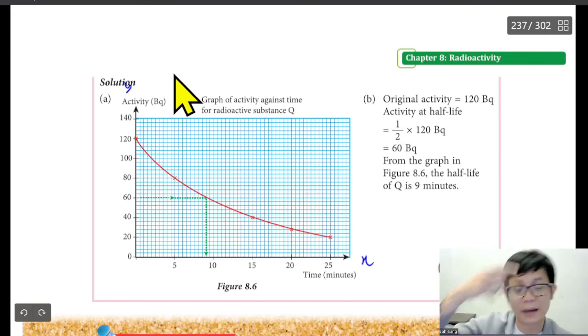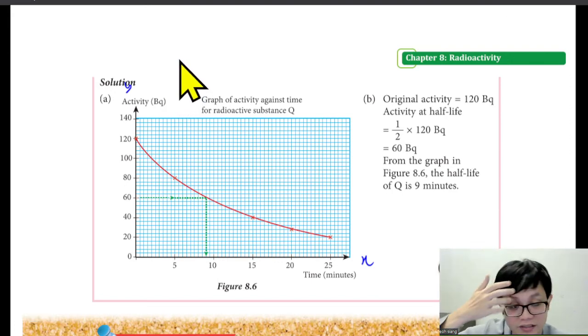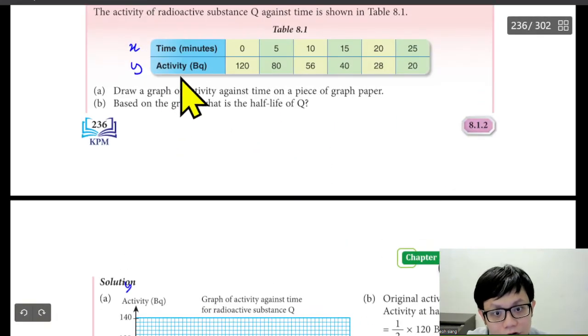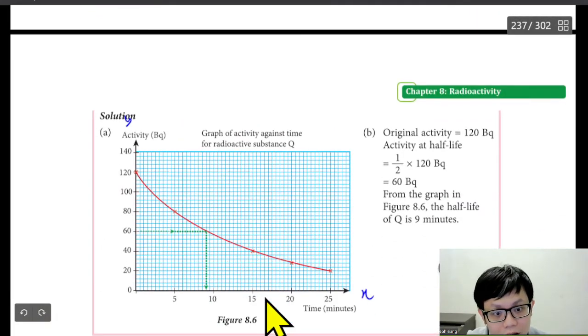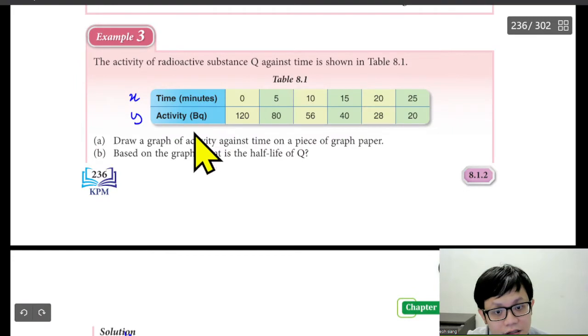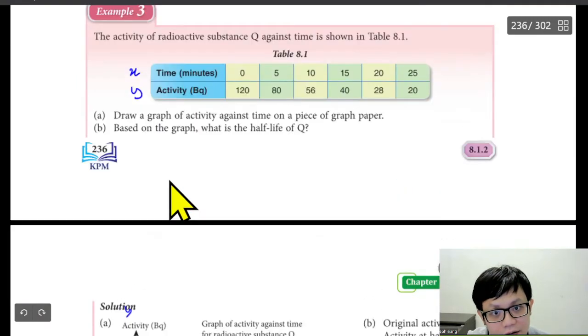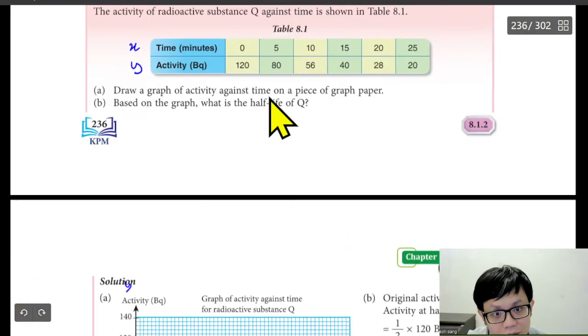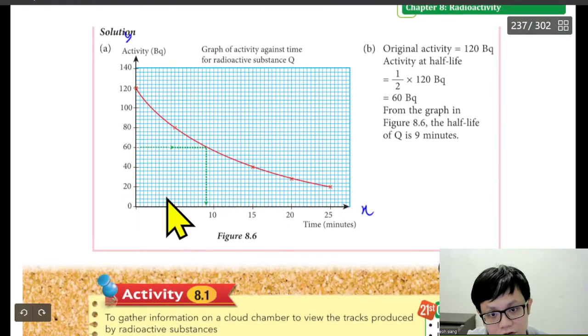Usually the top part is the X, the manipulated variable is the X. So for X, you need time, and then activity. Put the numbers, put the numbers, put the numbers, plot the points, then you draw the line.